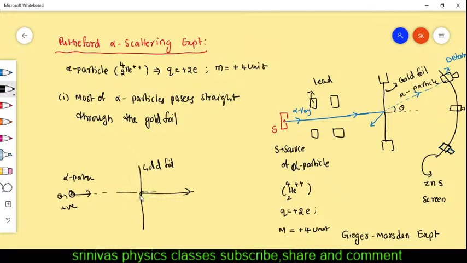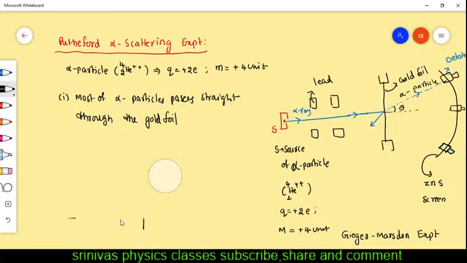If any positive charge is there in the gold foil, it will repel the positively charged alpha particle, and due to that the deviation will occur. But here most of the alpha particles are not scattered; they travel in a straight line without any deviation.